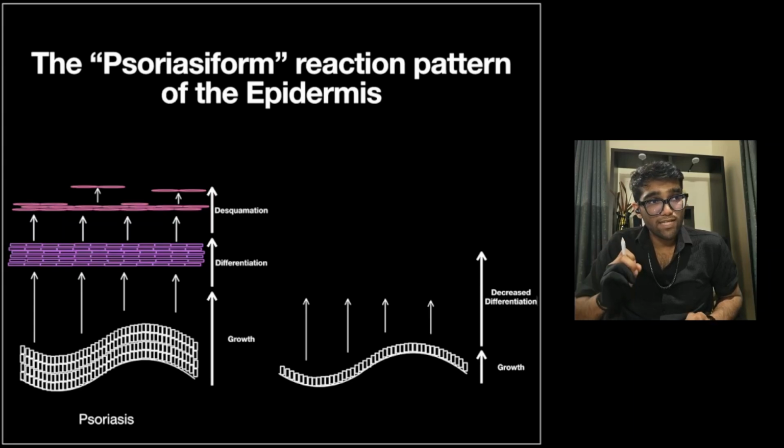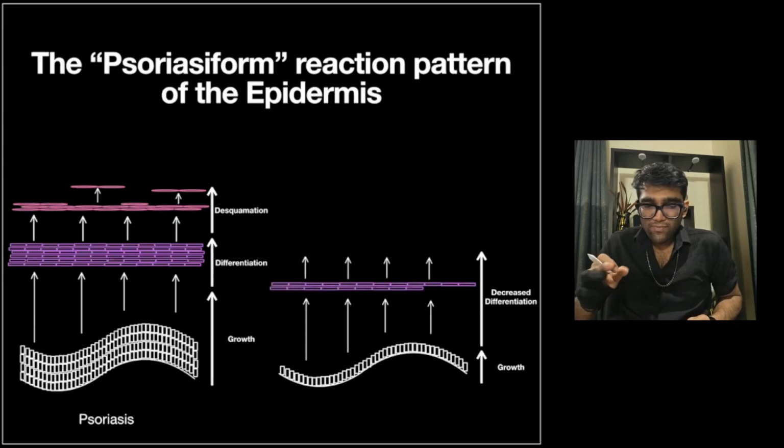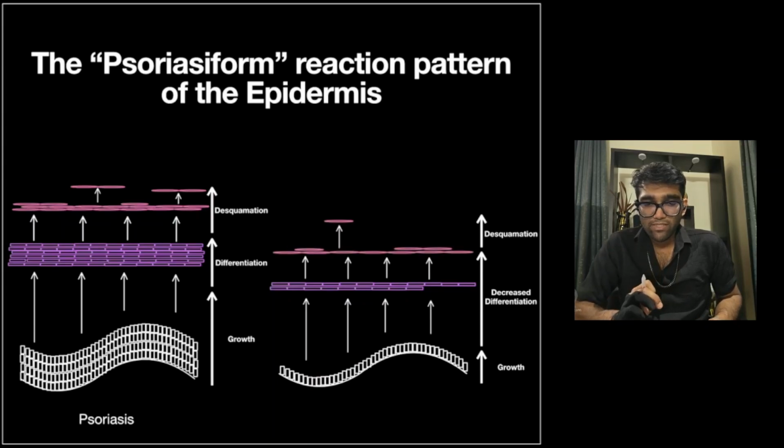Okay, so the differentiation of the cells as they go from the base to the superficial most layers of the skin is actually decreased. So because of that, very similar to a psoriasis lesion, we have the superficial most layers of the skin not being fully cornified. So they flake. Okay, but the lesion is not as thick. Okay, the thickness of the lesion is not as much as you would expect in a lesion that is true psoriasis.